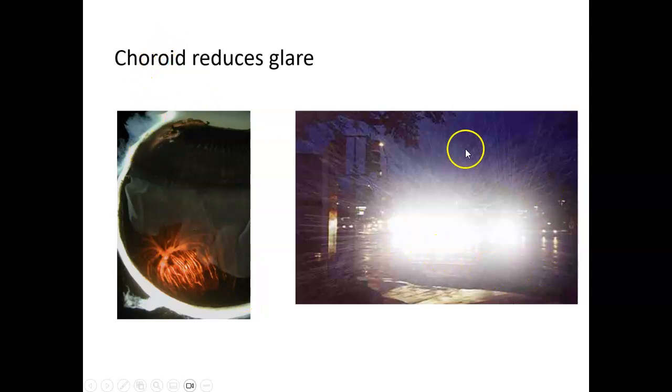So they can see this glaring light even in normal room light. Even the regular intensity of light in a regular classroom, for example, would look like a lot of glare without the choroid. Sometimes you see people that have albinism wear sunglasses inside, and that's the reason, to reduce the amount of glare.